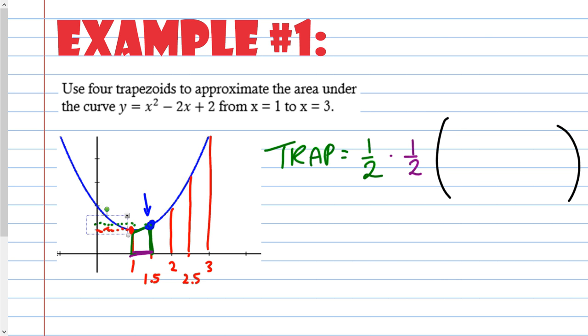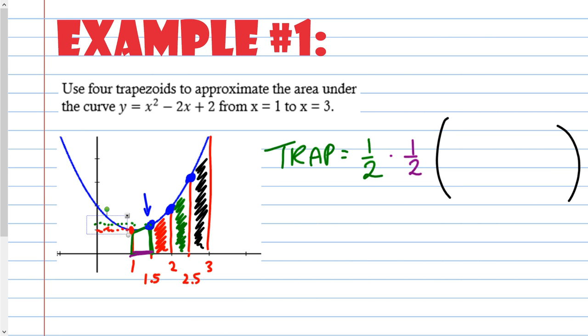And then the pattern repeats. Now this is my base 1 for this trapezoid, and this is my base 2 for that same trapezoid, but it's also my base 1 for the following trapezoid. And my base 2 for this trapezoid happens to also be the same as base 1 for the next trapezoid.